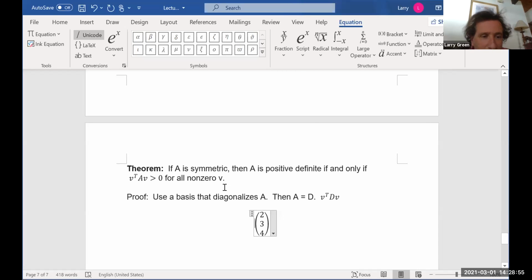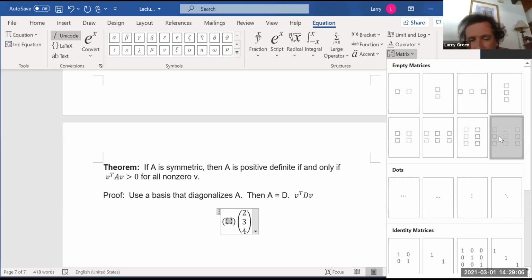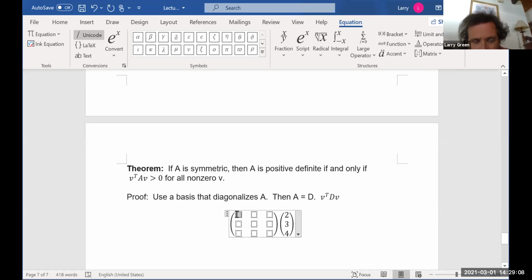Let's say we have something that's not positive definite, just for fun. So how about -1, 0, 0, 0, 5, 0, 0, 0, 1. Just wanted to have unique numbers. And then we're going to multiply that by V transpose, so that's 2, 3, 4 on its side.